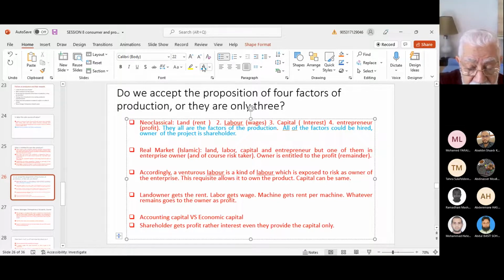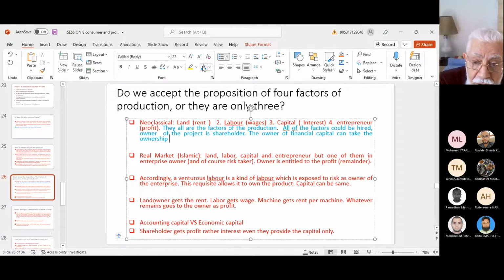The owner of financial capital can take this function as owner of the project and hire all other factors of production. Two factors of production may cooperate together and take that risk, like owner of the land, for instance, along with the entrepreneur, and they can take it together.